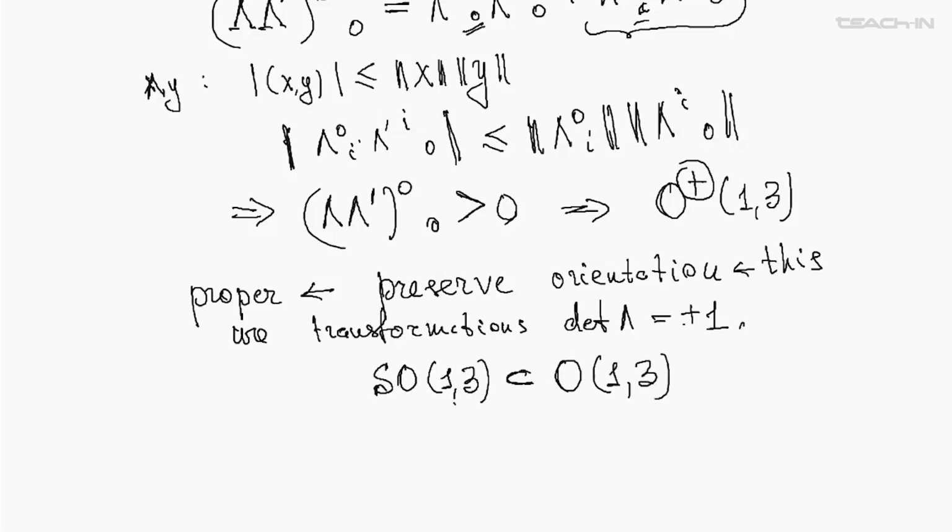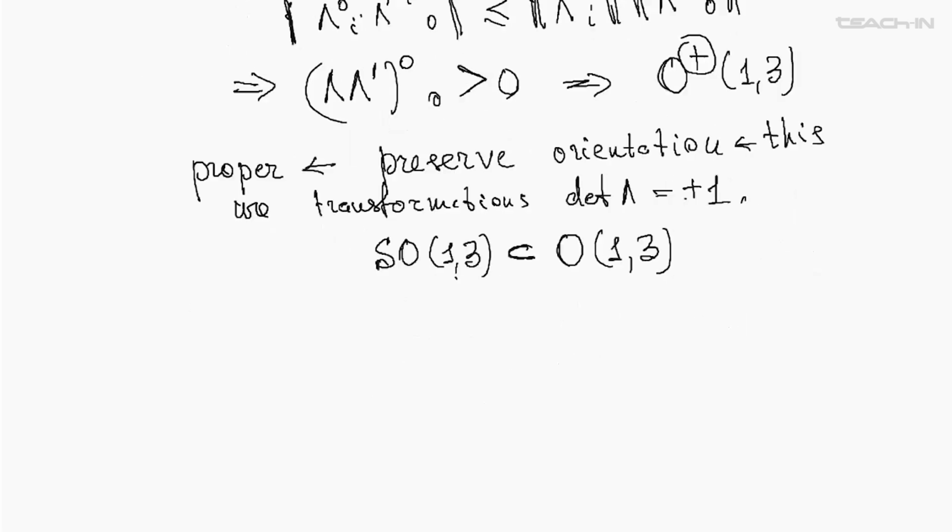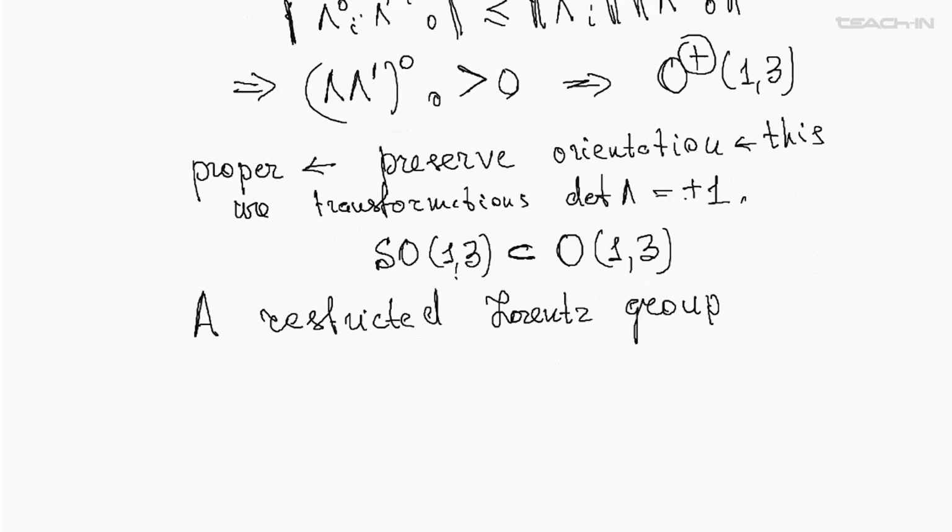And now you can combine these two properties of being orthochronous and being proper. These transformations form a subgroup, which is called the restricted Lorentz group, denoted as O plus 1, 3. This is a subgroup of O 1, 3.